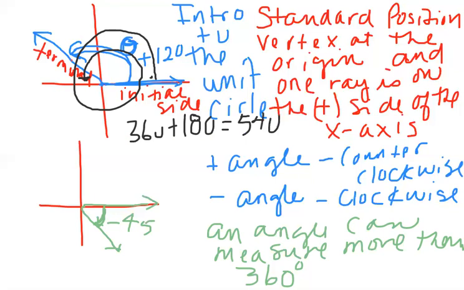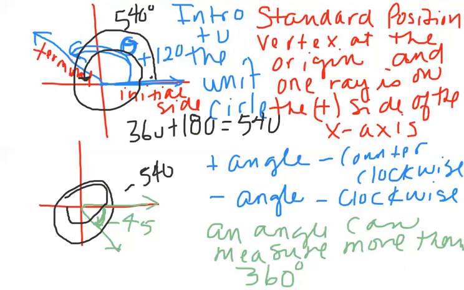So this angle right here would be 540 degrees, okay? So yes, and I can do it in reverse too. So I can go full circle around, and then continue. So this one would be a negative 540 because I went clockwise. So counterclockwise, positive; clockwise, negative, okay?